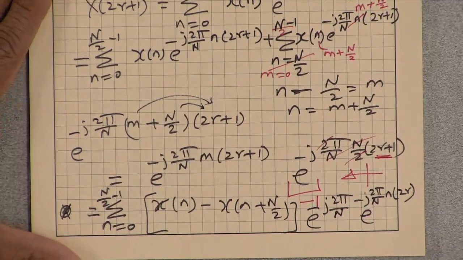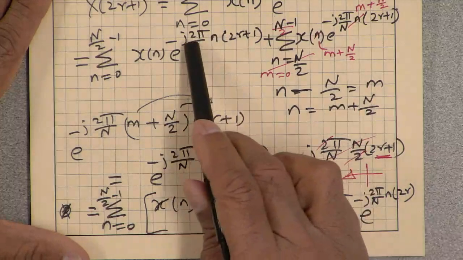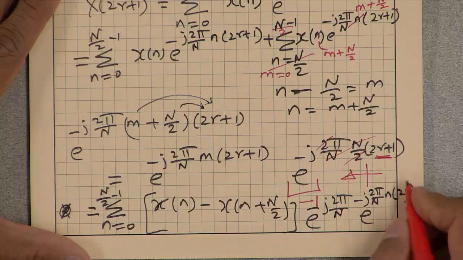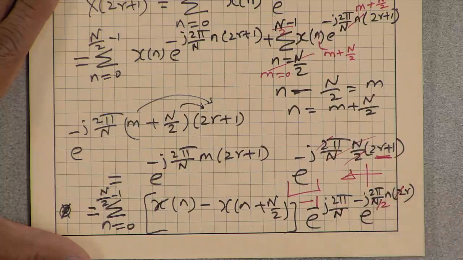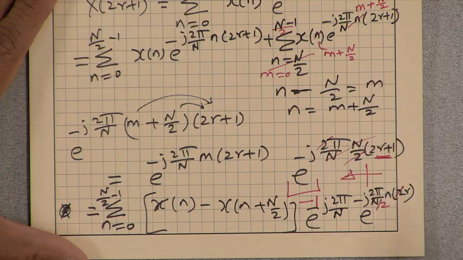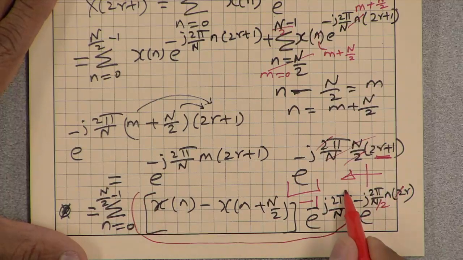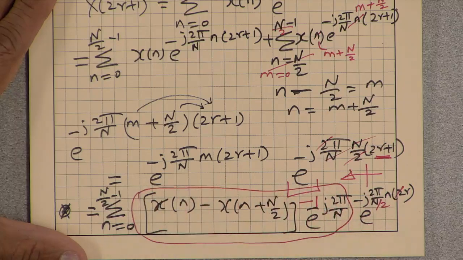Okay, so I've now described this as a product of two things, and then that 2 can come to the denominator and become N by 2, and if you look at it, this whole thing is the N by 2 point DFT of that whole thing.